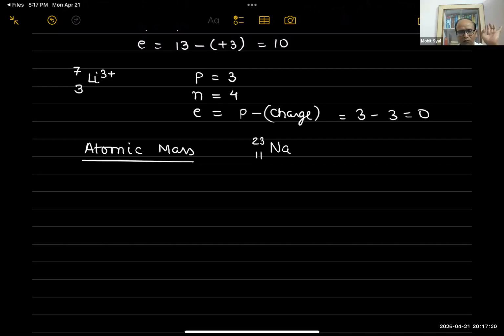Just now I told you that for the mass you need to take into account the mass numbers. Electrons are not counted in mass. So it is 23 particles, protons and neutrons. What is the charge of one particle?